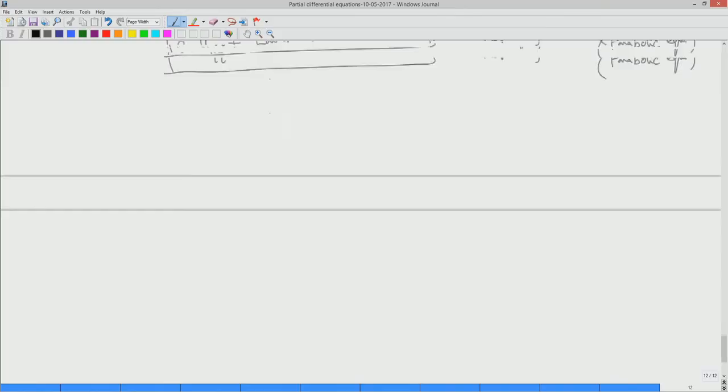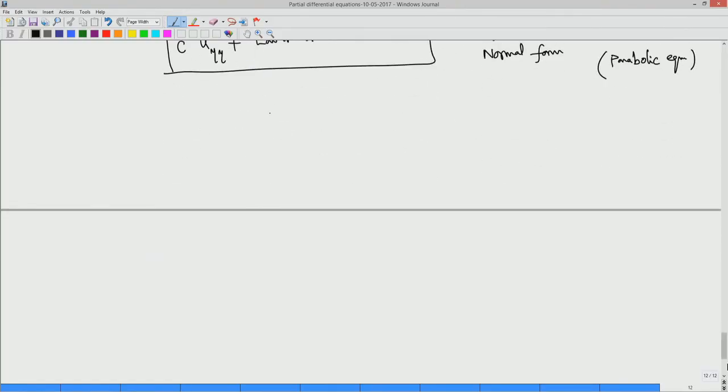What is the meaning of hyperbolic and parabolic? So, let us go back to when the discriminant B square minus 4AC is non-zero. In this case, you have xi of xy and eta of xy, two new things as your xi and eta. So, these are your variables.